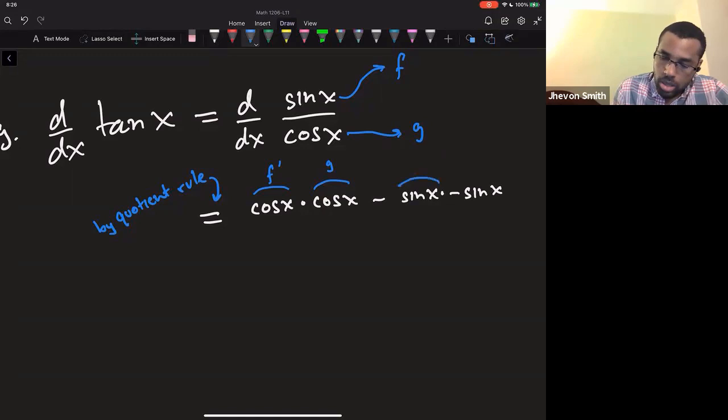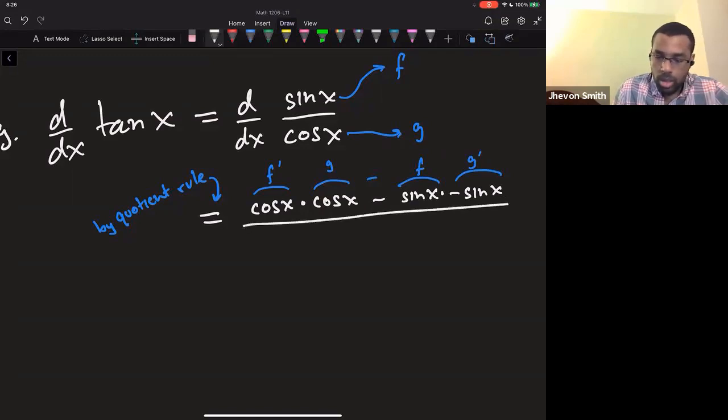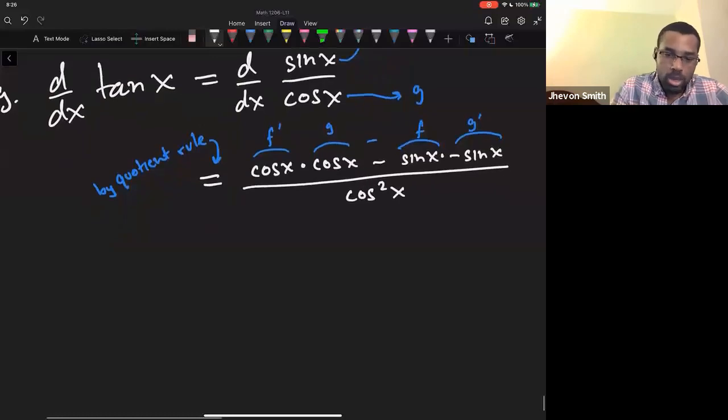This is f times g prime, right? We know that the derivative of cosine is minus sine, all over the bottom squared. This here is g squared.